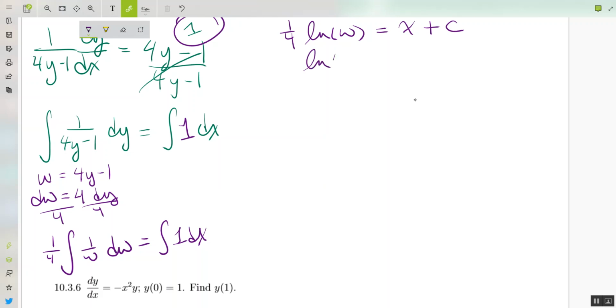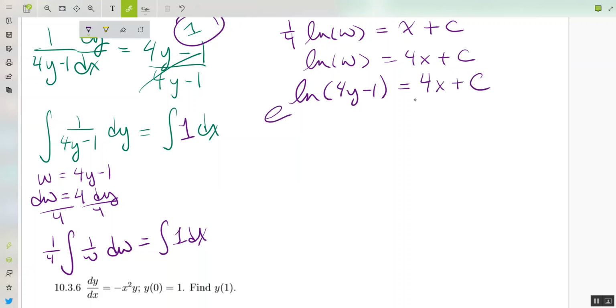So I'll get natural log of w equals 4x plus c. 4 times c will just be a new constant, doesn't matter. So I'll have the natural log of 4y minus 1 is equal to 4x plus c. I'm going to exponentiate both sides, so raise everything into the power of e, because that'll undo that, and I'll get 4y minus 1 equals e to the 4x. We'll change e to the c to be a.